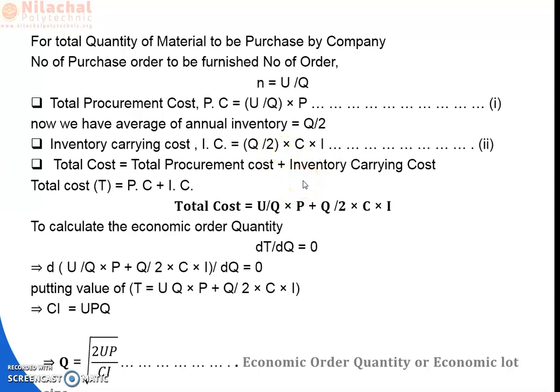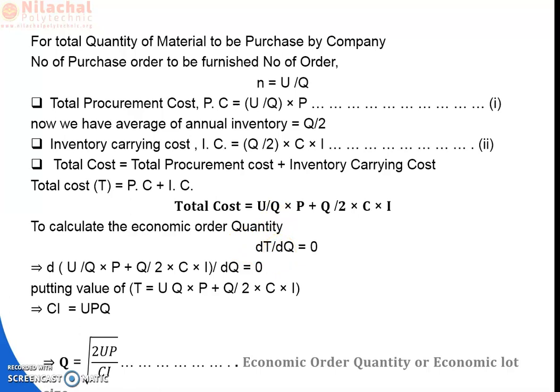After getting the purchasing cost, we find the sum of the purchasing cost and the inventory carrying cost, which is the total cost. For EOQ, the total cost should be minimum. So in order to find the minimum cost of investment, we differentiate the total cost with respect to the quantity, because quantity is the variable.